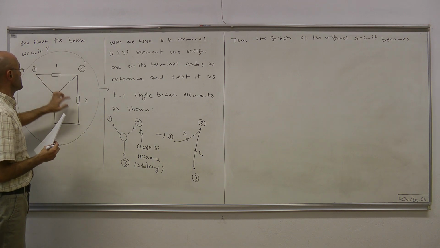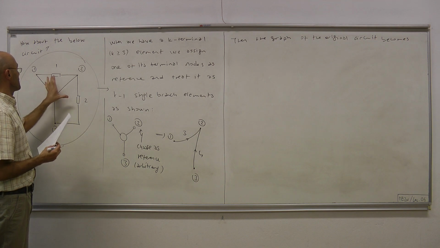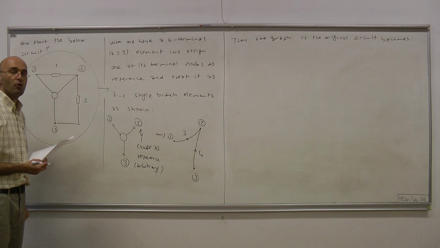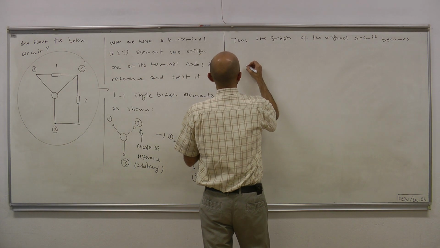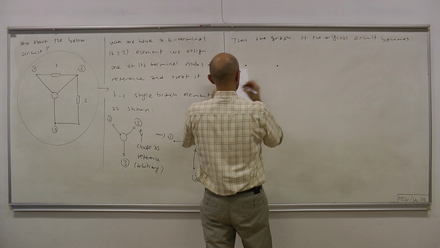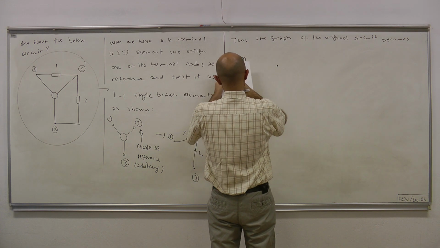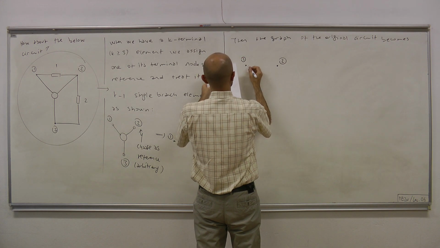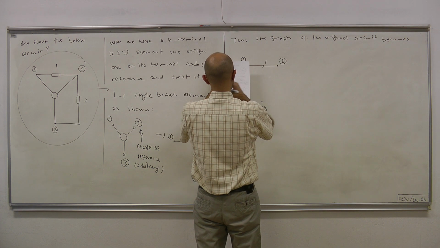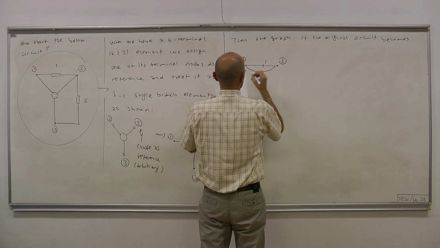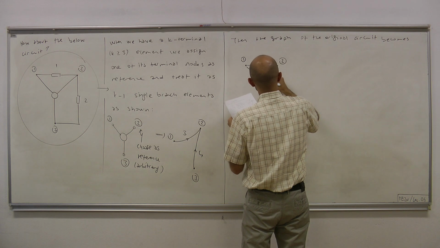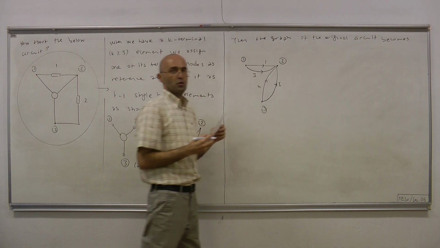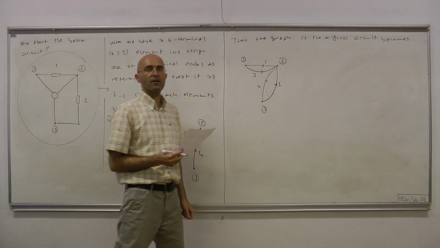We have 1, 2, first and second branches for the single branch components, and we have 3rd and 4th branches for this 3 terminal component, and nodes 1, 2, 3, and we have the graph. 1, 3, 4, and 2. Okay, and the directions are again all arbitrary.